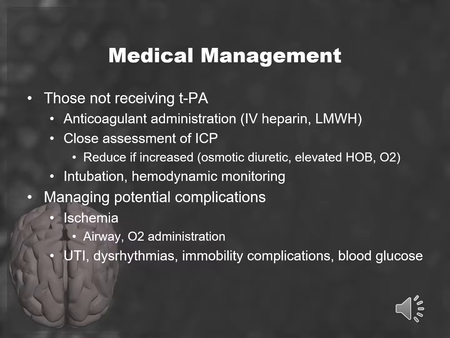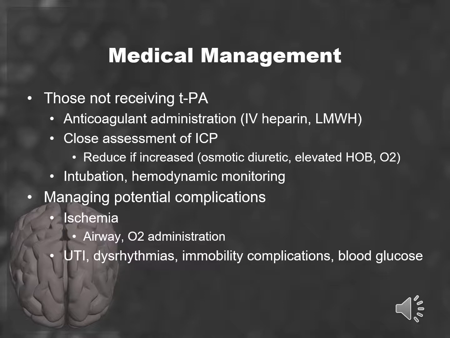So like we discussed in chapter 66, management of increased intracranial pressure can be done through things like osmotic diuretics, elevating the head of the bed, maximizing oxygen, and then in addition, they may need to be intubated and hemodynamically monitored until we can stabilize the patient.